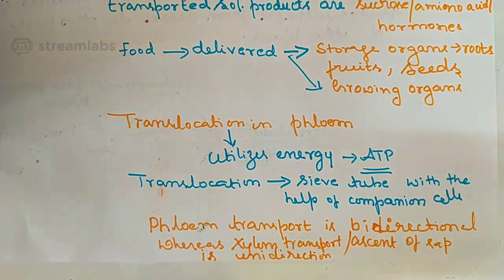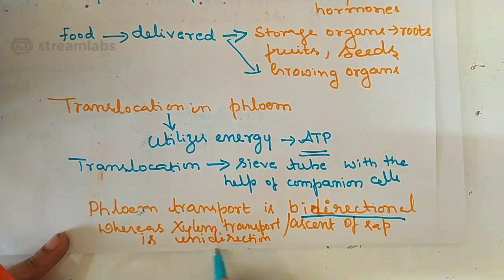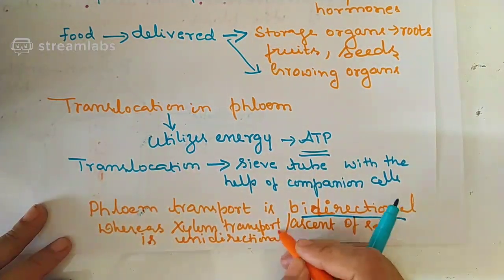Always remember, phloem transport is bidirectional, ascent of sap is unidirectional.